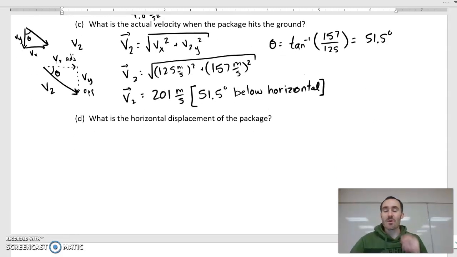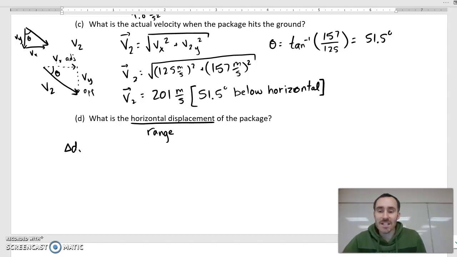And the last thing that we're supposed to figure out is the horizontal displacement of the package. And if you recall, horizontal displacement is another way of saying range. What's the range of the package? Okay, so now we're supposed to figure out what is displacement in the x direction. Okay, and this last step, whenever you're asked for the range, it's always fairly straightforward. You need two things. You need the horizontal velocity.